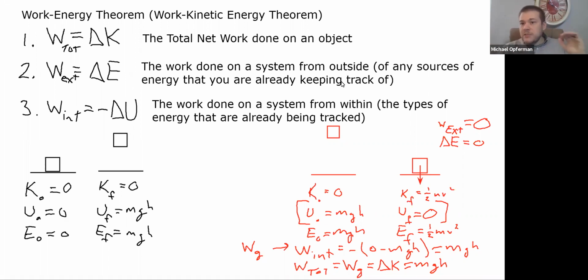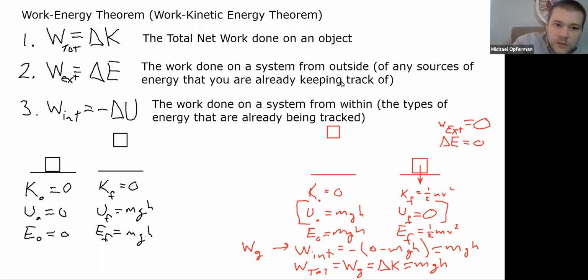All that happens is the kinetic goes up, the potential goes down by the same amount, the total energy remains the same. So in the work framework, we would say that gravity did positive work on the system and energy was transferred from the gravitational potential energy into the kinetic energy. And that's my summary of the red case.